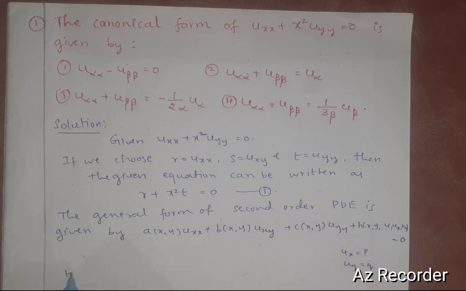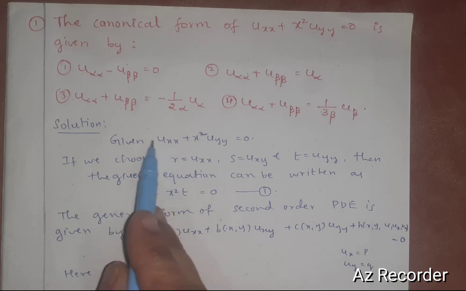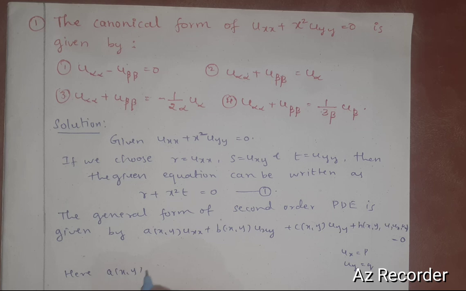So here in the given equation the coefficient of uxx is 1, so a of x comma y is 1. B of x comma y is equal to 0, as the term uxy is not there. And c of x comma y is equal to x square.